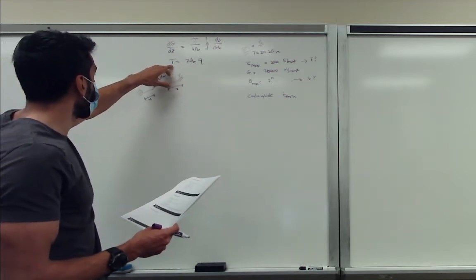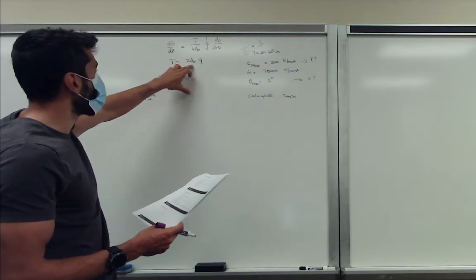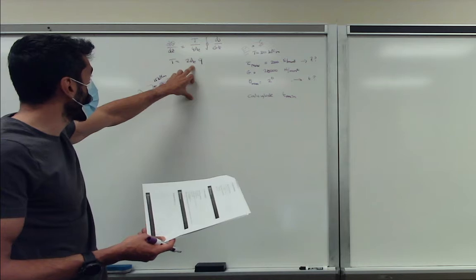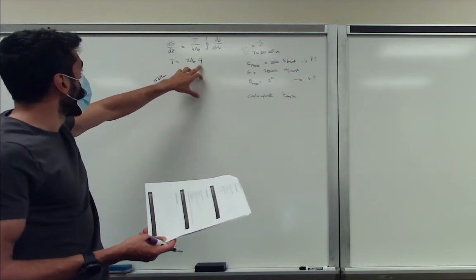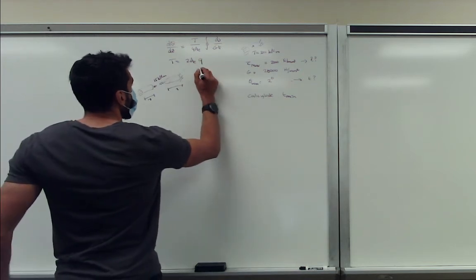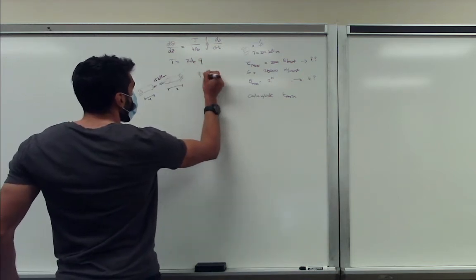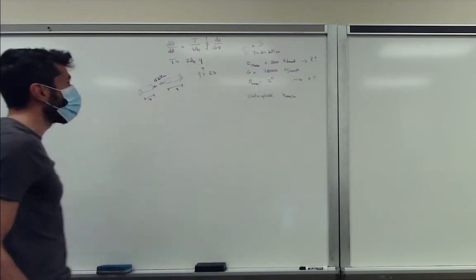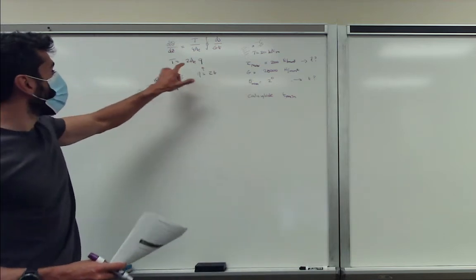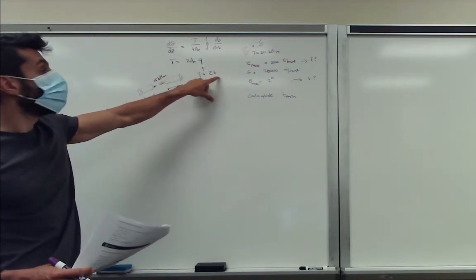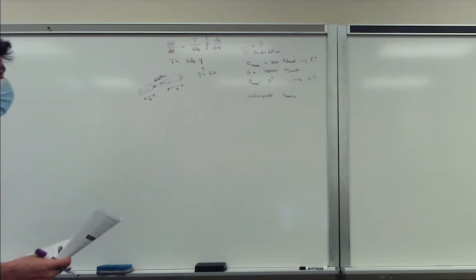We know the torque is given. The enclosed area is nothing else than just pi r squared. And we can calculate the shear flow. We can rewrite this shear flow as q is equal to tau times t. So we can substitute that back in here. And now we have one equation and one unknown, so we can solve for t given the maximum shear stress. So let's do that.